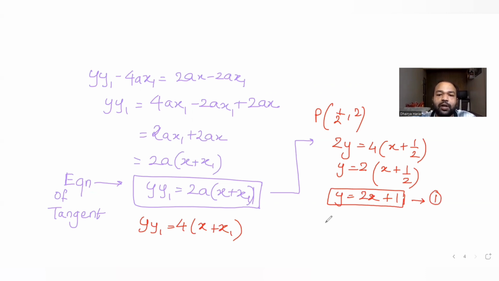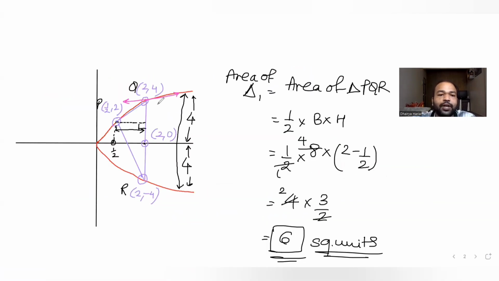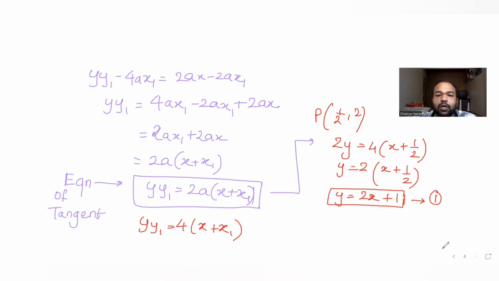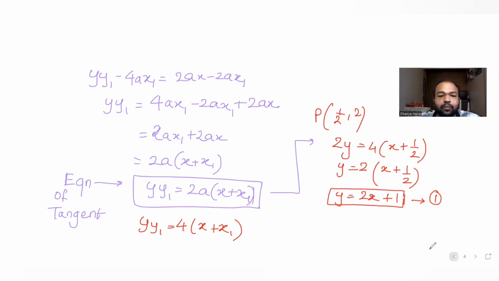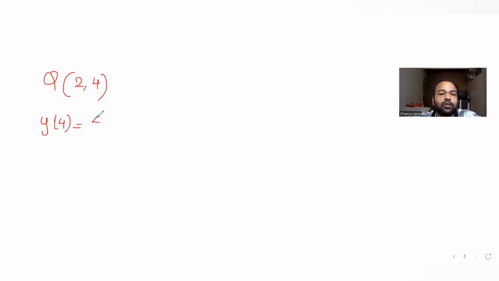For the other equations, at point Q, we know the endpoints of the latus rectum were 2, 4 and 2, minus 4. So if I substitute those points also, the equation of tangent at point 2, 4 becomes y into y1, so y into 4 is equal to 4 into x plus x1. So 4 into x plus x1, where x1 is 2.